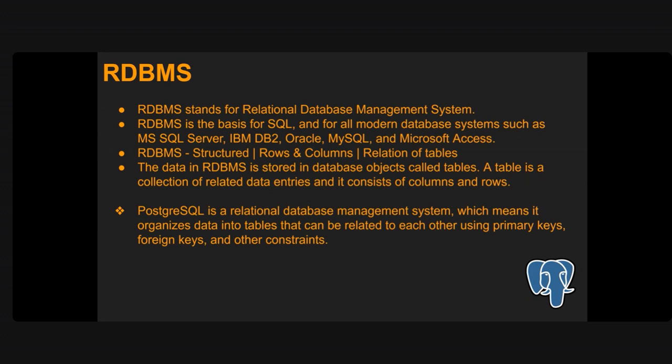In the second and third bullet points, you can see it's structured data. Whenever we say structured, remember rows and columns, and relational tables. Like I said, there is an employee table, a department table, and a performance table. In the employee table, I'll have employee ID, employee name, and employee details: house address, mobile number, personal email, location.